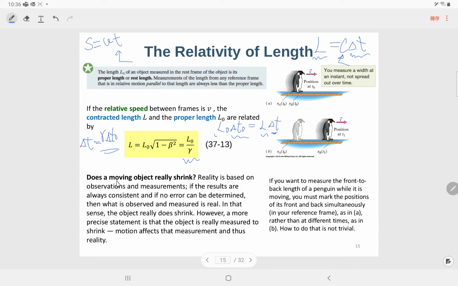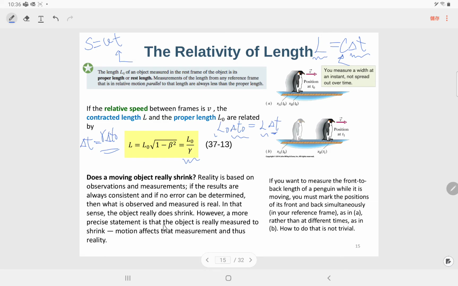So it asks, does the moving object really shrink? So reality is based on observation and measurements. If the results are always consistent and if no error can be determined, then what is observed and measured is real. In that sense, the object really does shrink.